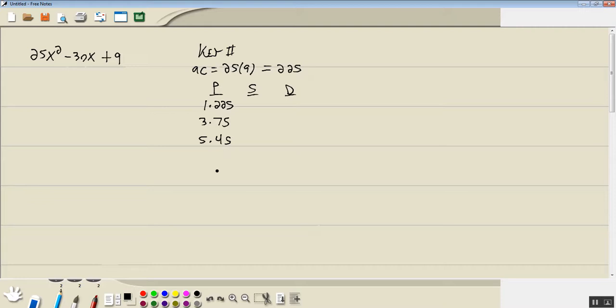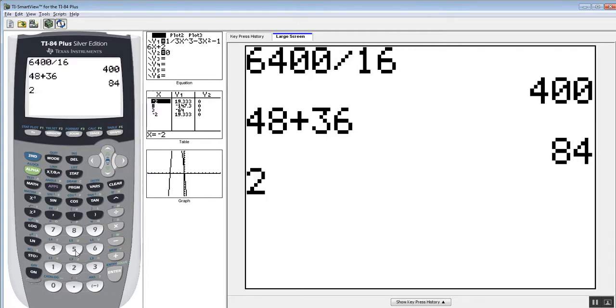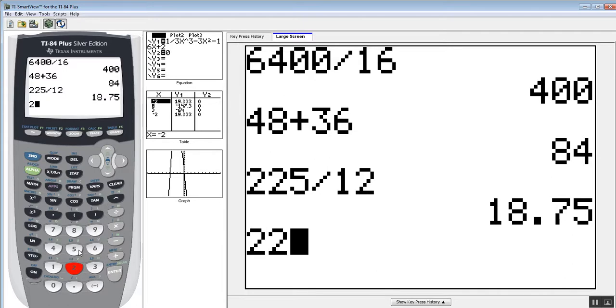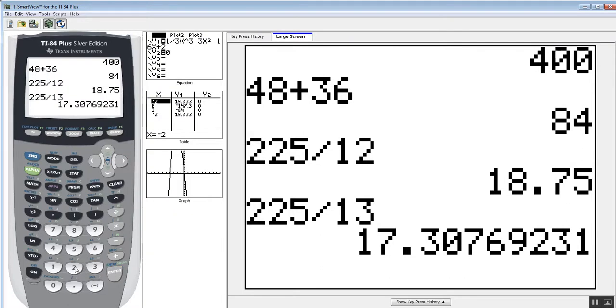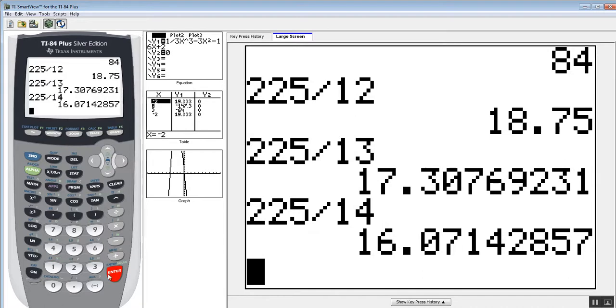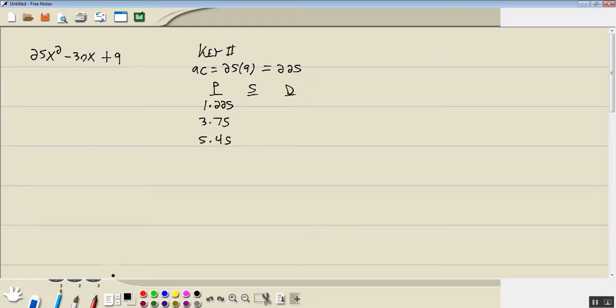Okay, now I'm drawing a blank. 225 divided by 12. 225 divided by 13. I bet it's 15. 225 divided by 14. 225 divided by 15. Yeah, 15 times 15.